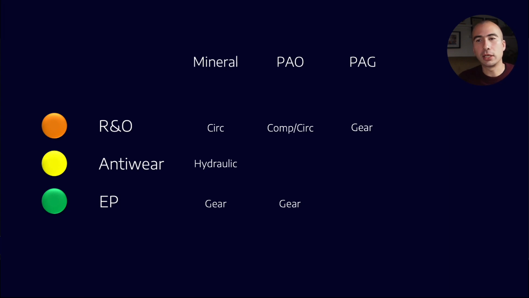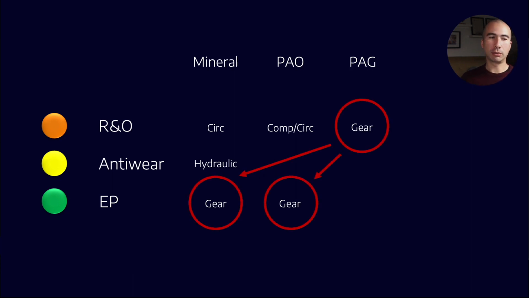now we can play around with the colors a little bit more. But we don't want to just color things by application. Because, for example, let's say I had a PAG gear oil which is used in a worm drive. I don't want to use the same color as an EP mineral gear oil and a PAO gear oil, because a PAG is very incompatible with those lubricants.